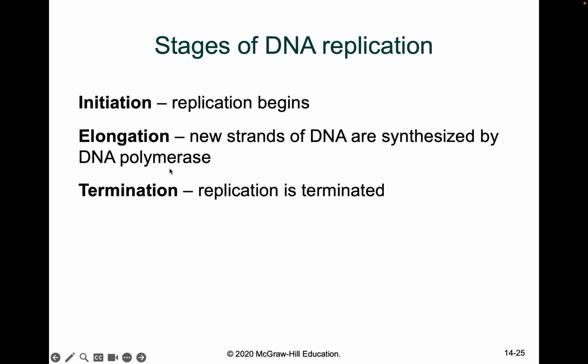Then you have elongation, where the new DNA is synthesized. The DNA polymerase enzyme adds new blocks to create this new strand. The final part is termination, when replication is terminated. We will go into each of these stages in more detail. Okay?